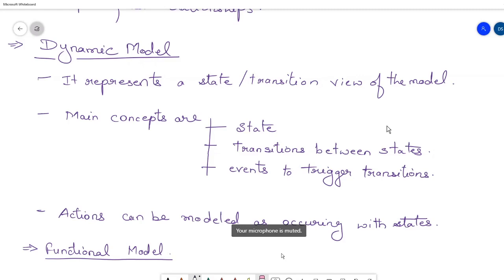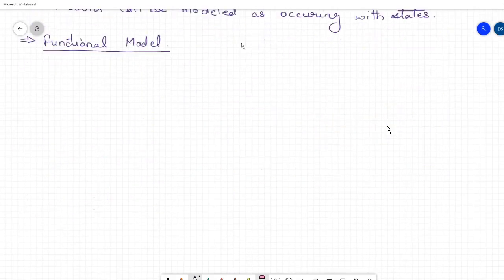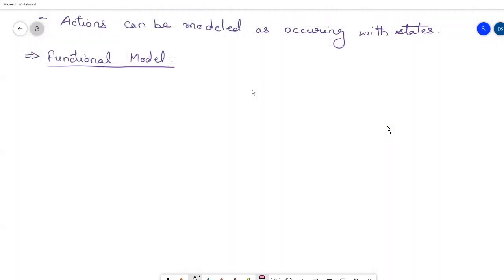Okay, so I'll just move ahead with the next one, that is the functional model. So it handles the process of the model corresponding to the data flow. Okay, so in the functional model, we'll get a rough idea of how the data flow in this particular chart or layout is being carried out.